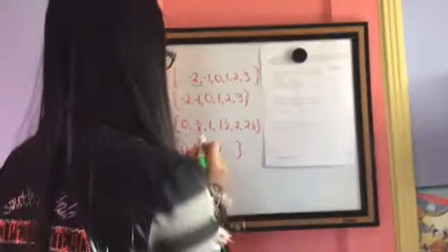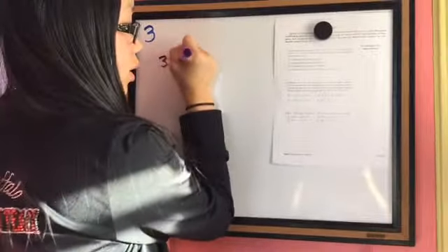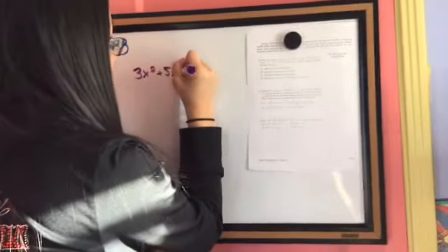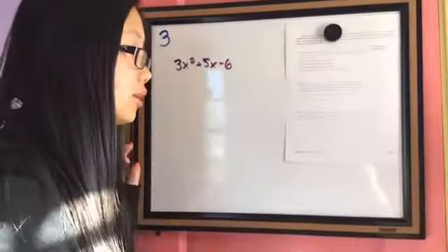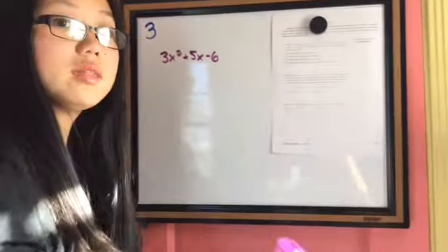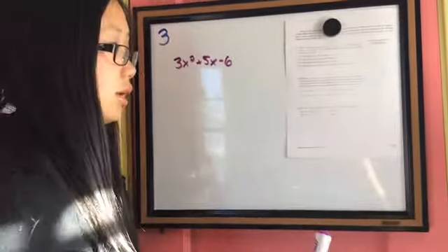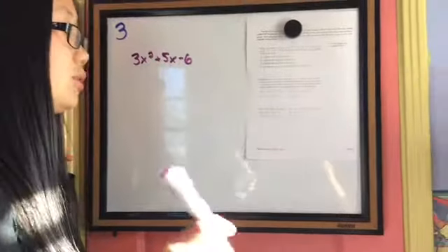Number 3 asks what A minus B equals, and it tells you what A is and what B equals. So it tells us that A is 3x squared plus 5x minus 6, and it says minus B. So that means everything that is in B will have to be the opposite sign. So positives would be negative because you're subtracting, and negatives would be positive because subtracting a negative is actually adding.